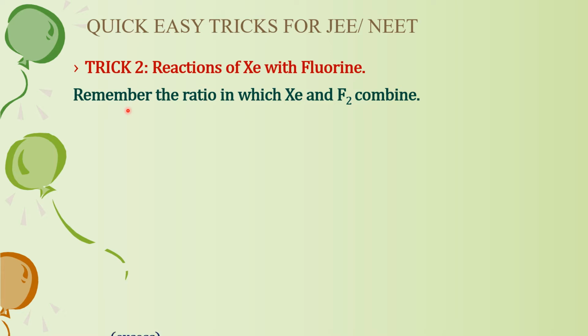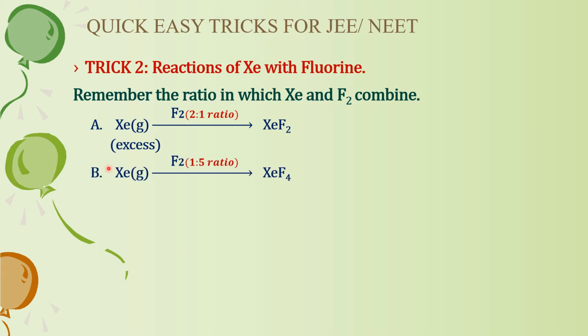What I mean is that in the first reaction, xenon is combining with F2, and xenon is in excess and fluorine is less. For example, if we take xenon and fluorine in a 2:1 ratio, the compound we get is XeF2. If we increase the amount of fluorine, for example to a ratio of 1:5, now xenon is less and fluorine is more, so in the molecule formed also fluorine is more.